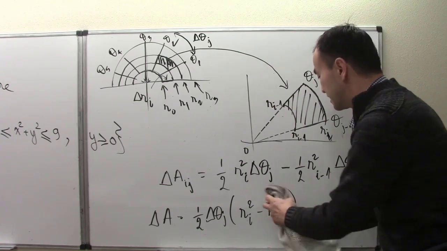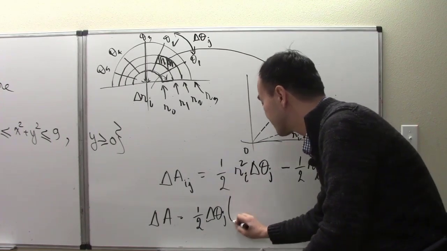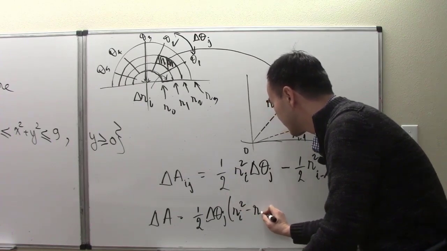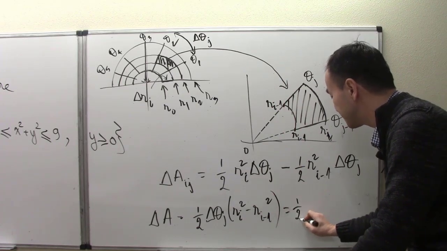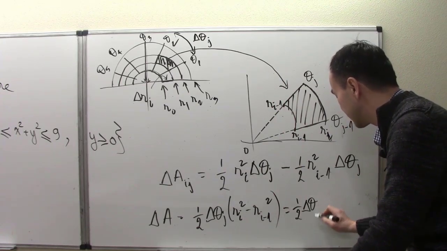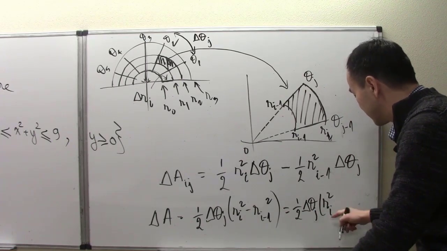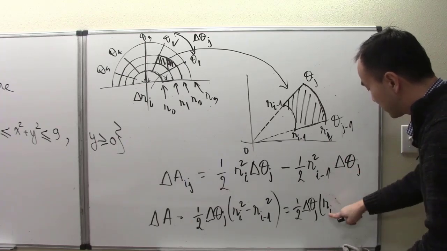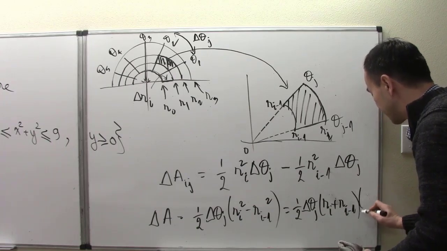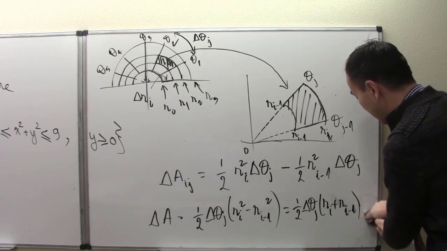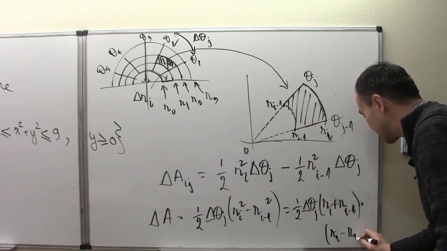With your algebra understanding at this point, we can easily rewrite this as 1/2 times delta theta sub j times (r sub i plus r sub i minus 1) times (r sub i minus r sub i minus 1).